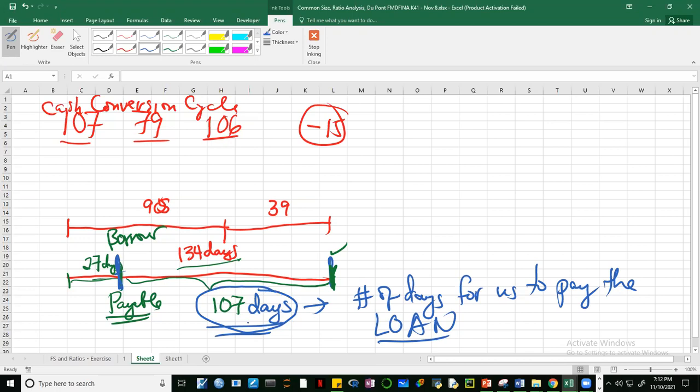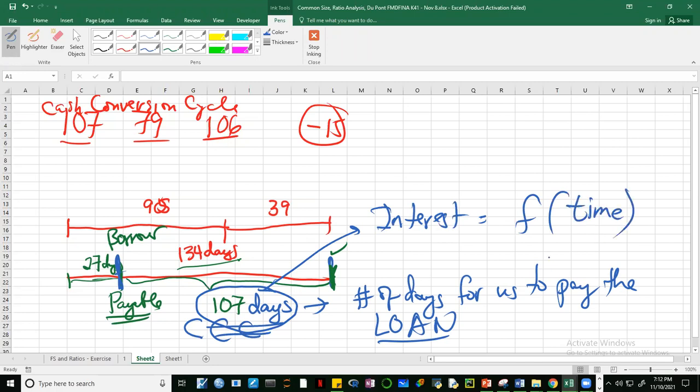Which means, guys, that the longer the cash conversion cycle, the greater will be the interest. Okay? Interest is a function of time, no?